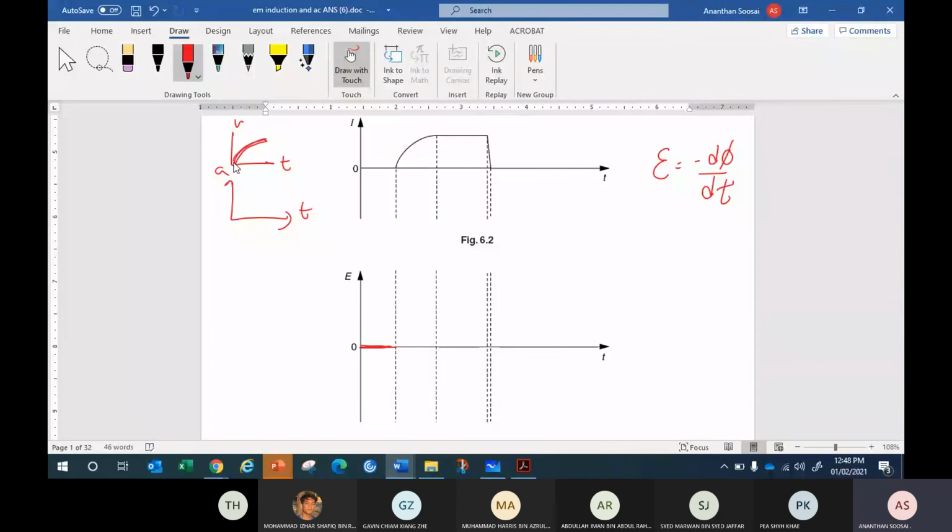VT graph like this, the acceleration becomes 0, but positive. So the graph goes from up to down, right? This is what your AT graph is going to look like for the second one. But here we have to draw a reflection at the x-axis. So this graph, when we reflect at the x-axis, is going to be like this.